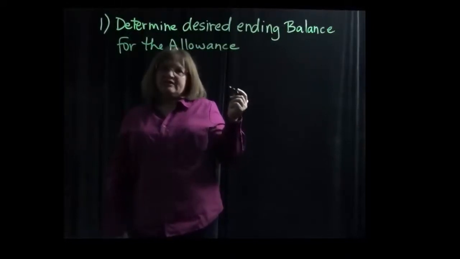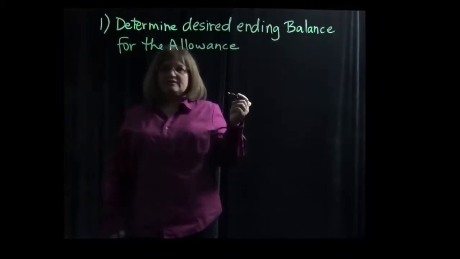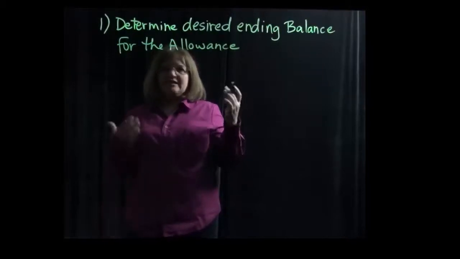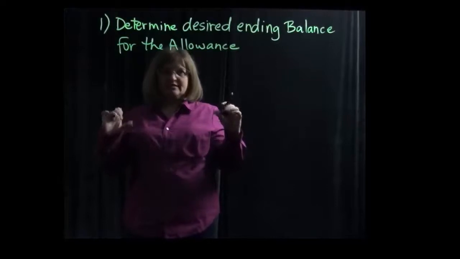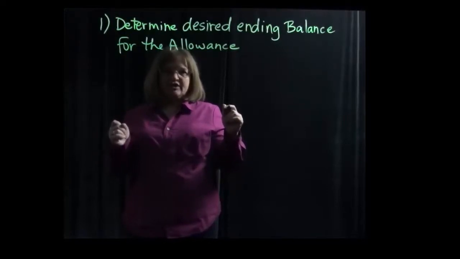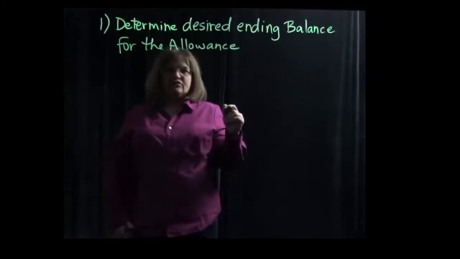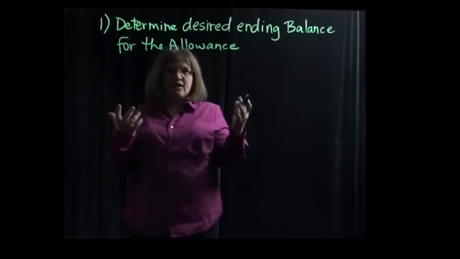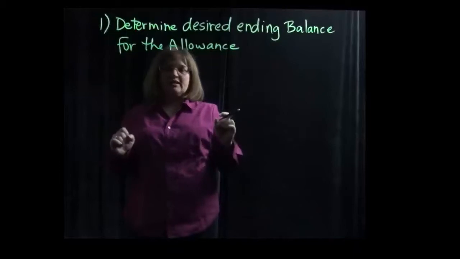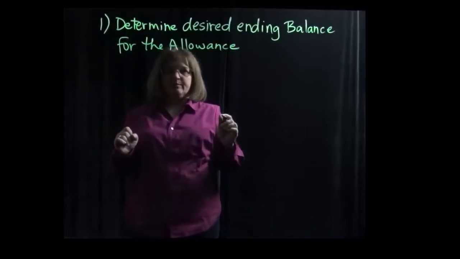The percentage of receivables method is a method that's focused on the balance sheet. So we're trying to make the net realizable value, or the net receivables balance, equal the amount that we actually expect to be able to collect. So the first thing we have to do is figure out how much we think we're not going to collect, which is what we want to be our ending balance for the allowance account.